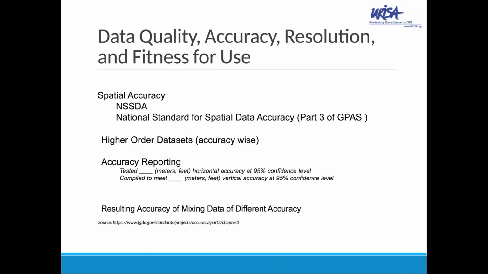Within the NSSDA, and within a number of different spatial accuracy standards, they have normative language. I have two examples here for accuracy reporting that allow you to write a very particular and constrained phrase that someone else, when reading that, would know exactly what you meant and exactly what steps you took to achieve that resulting report.